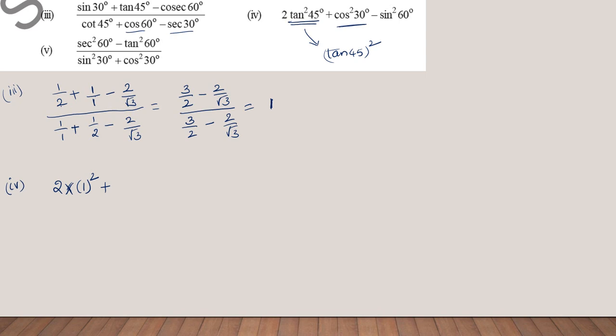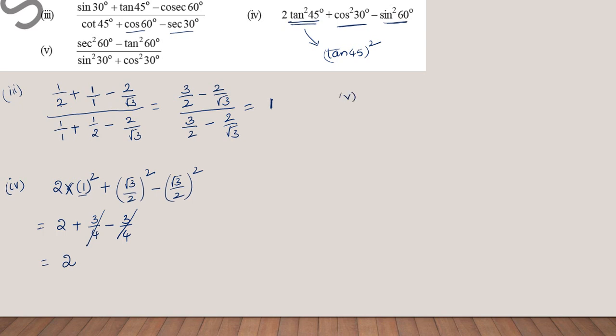Cos 30 and sin 60 both are the same. So I can write root 3 by 2 whole square minus sin square 60. Sin 60 is root 3 by 2 whole square. Now on simplification, 1 square is 1, so 2 ones are 2, plus squaring it I am going to get 3 by 4, minus 3 by 4. So plus 3 by 4 minus 3 by 4 gets cancelled, hence the answer is 2 for this question.